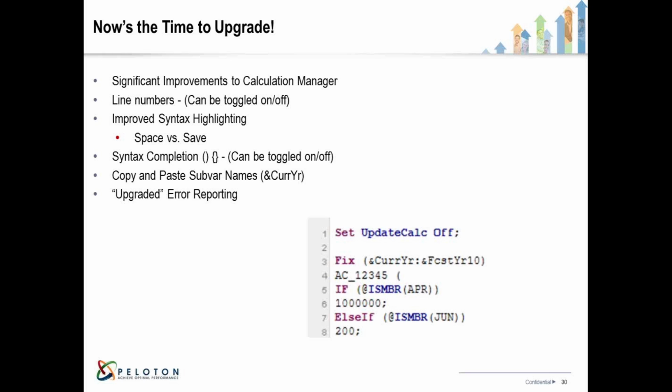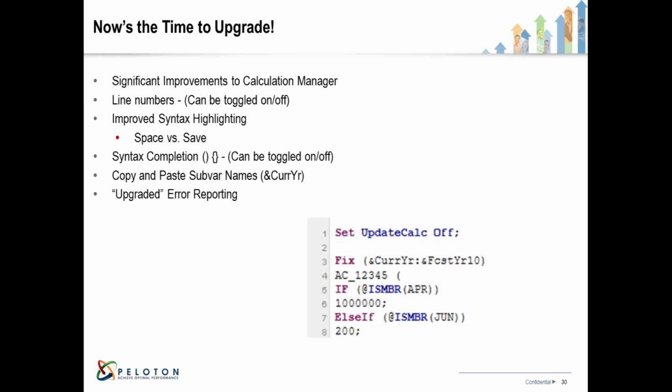Also, when you open quotation marks, it's going to close the quotation mark for you. That way you don't have to worry about, do I have 6 open parentheses and only 5 closed parentheses. To troubleshoot things like that can take a long time. So if you use the syntax completion, you don't have to worry about, if I open a parenthesis, am I going to remember to close it at the end?